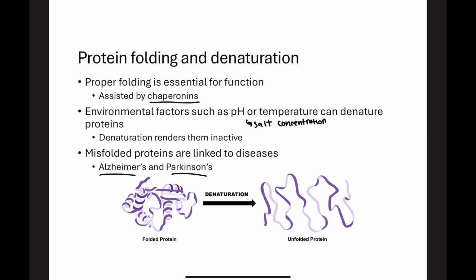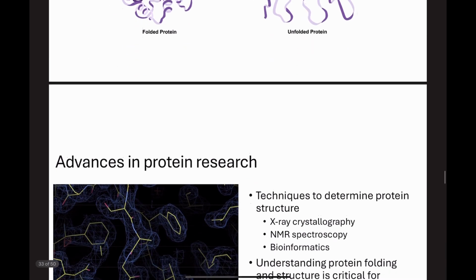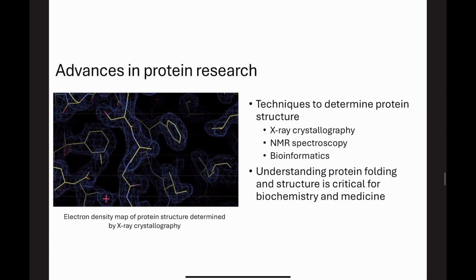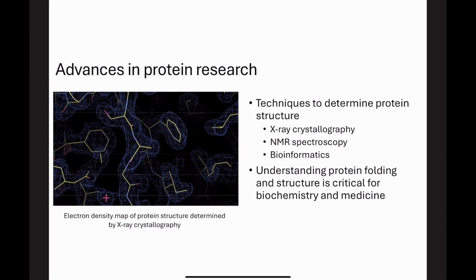So, there have been a lot of advances in protein research, and modern techniques like X-ray crystallography, which is what discovered the myoglobin structure, bioinformatics, and NMR spectroscopy have all advanced our understanding of protein structure.